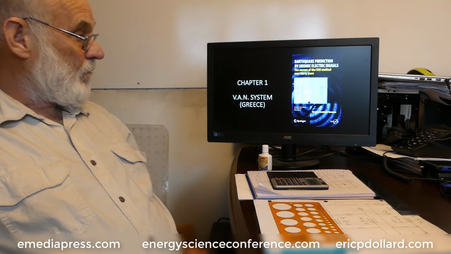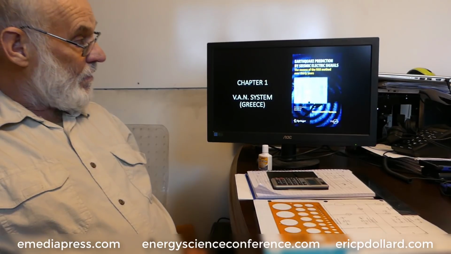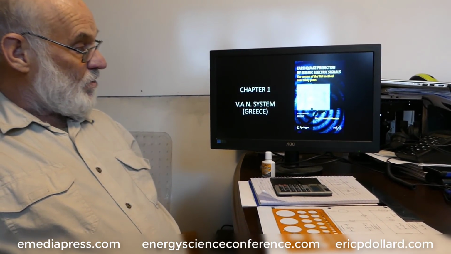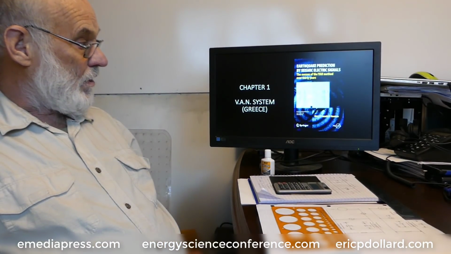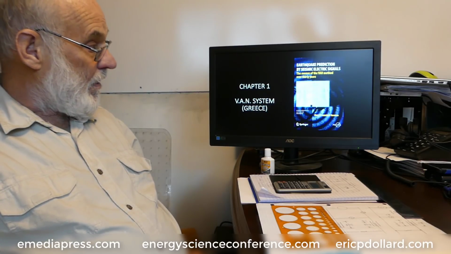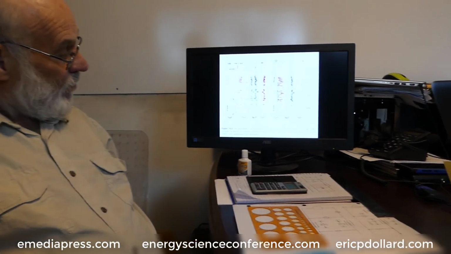So that's chapter 1. This is where I talk about the so-called VAN method. It's not really very complicated. There's not really a lot to talk about. So if you go to the next image, it's pretty clear. You can't really argue with what you see here.